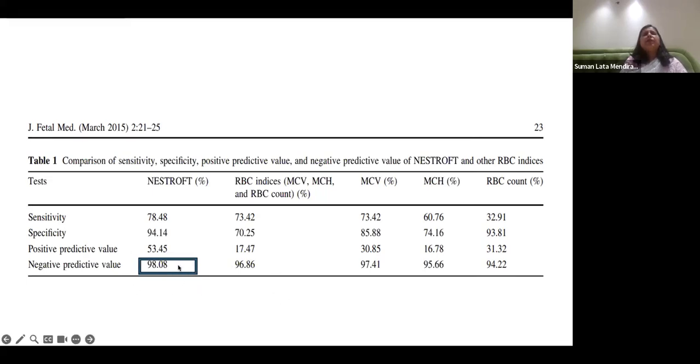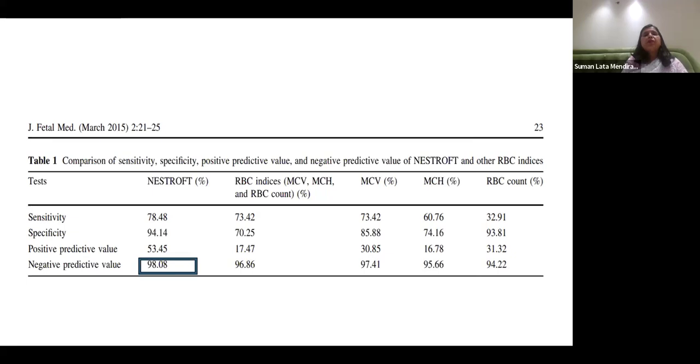The specificity values were 94.14, 70.25, 85.88, 74.16, and 93.181. The positive predictive value of NESTROFT was 53.45%, RBC count 17.47, MCV 30.8, so the positive predictive value of NESTROFT was quite good. The negative predictive value of the NESTROFT test was 98.08, and for the others it was 96.86, 97.41, and 95.66.